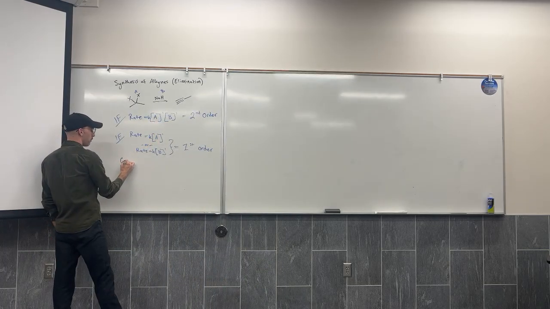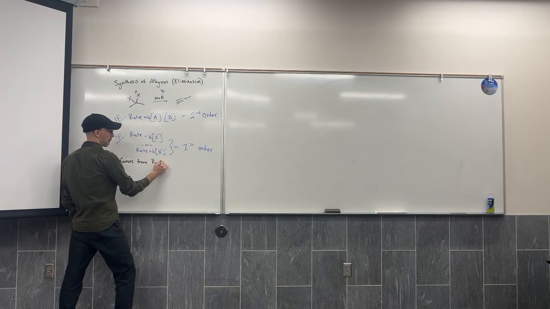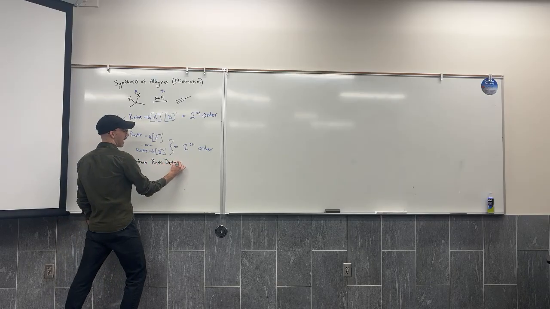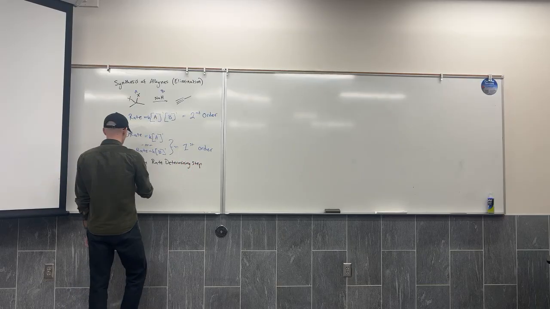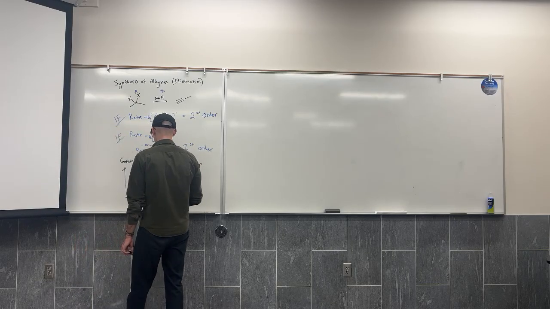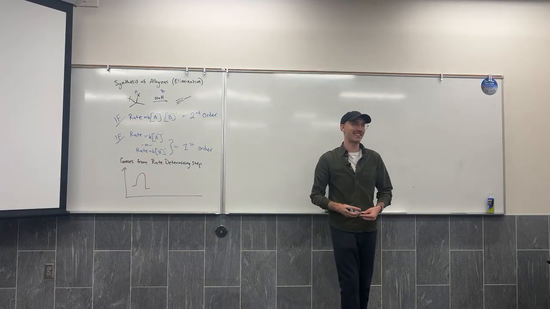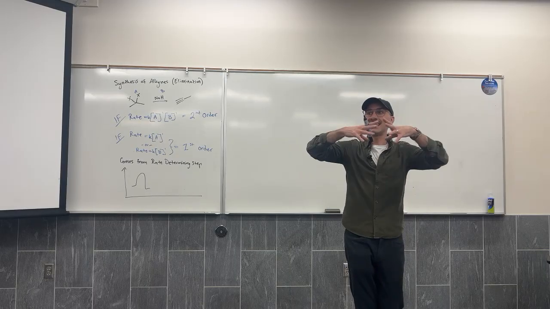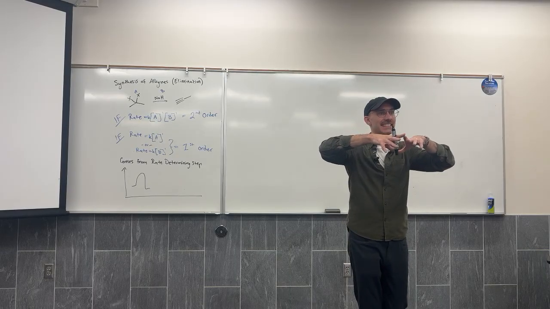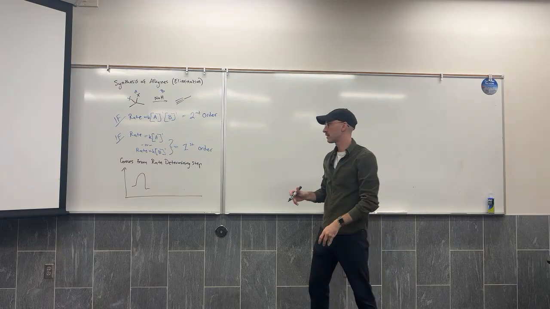How do you know if the reaction rate depends on both of them or just one of them? This comes from the rate determining step. That is the highest energy in the reaction coordinate diagram. So something that has only one step, well, that's conveniently the rate determining step, and any molecules involved in that step are dependent in the rate.